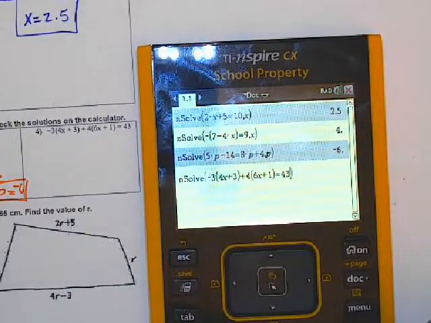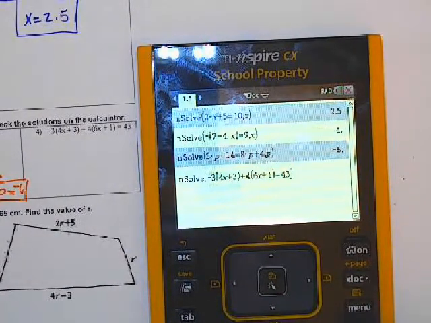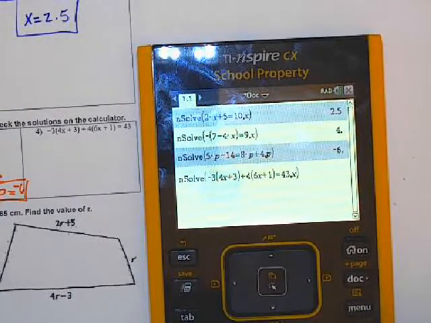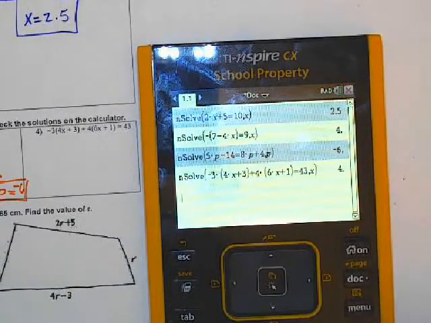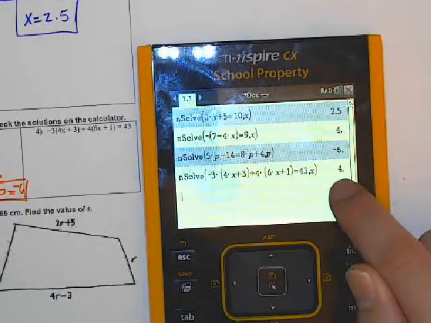And the most important part that everybody forgets, comma x. So it looks just like my paper. Then I hit enter. And when I solve this, my answer should be 4.